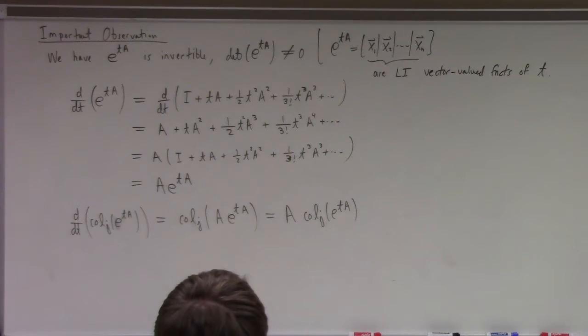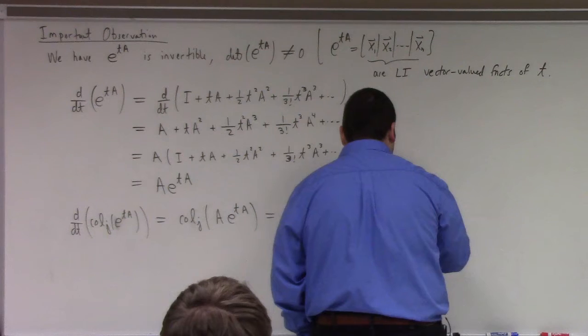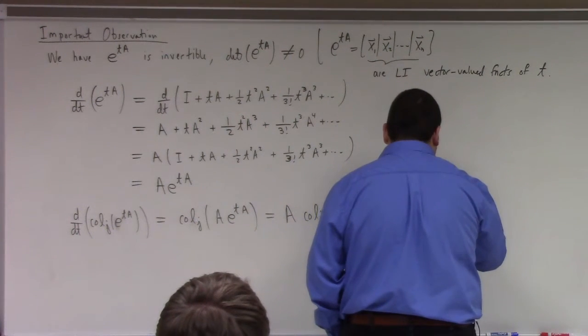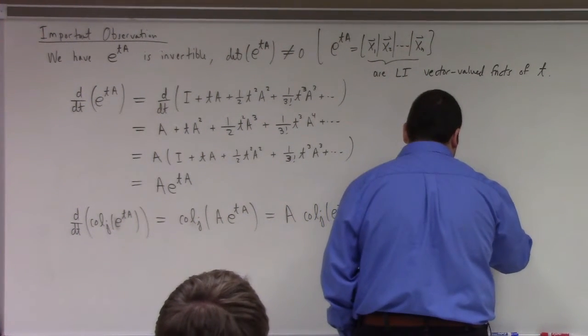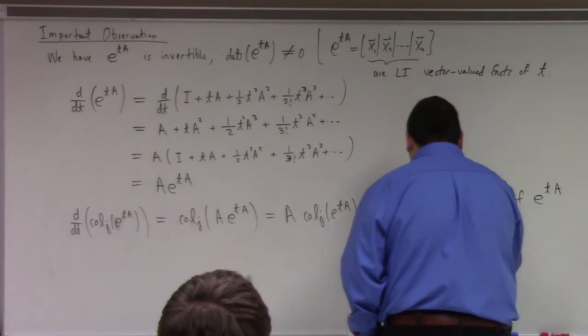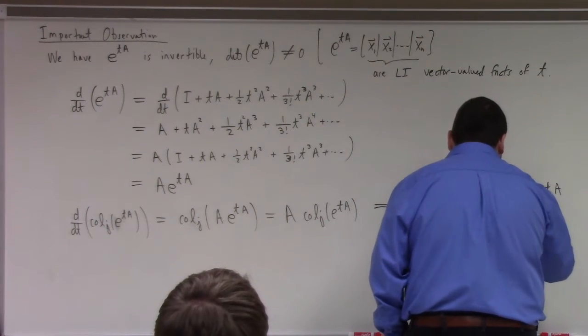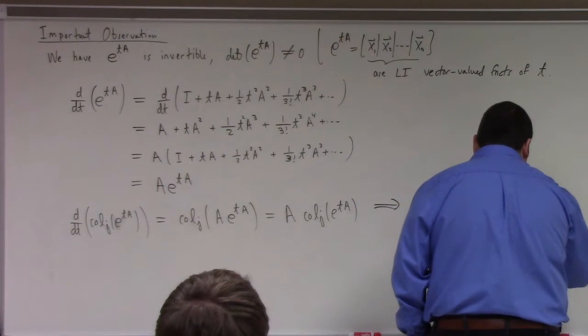This is called the concatenation proposition. So my point to you is this matrix equation: the jth column of e to the ta is a solution to dx dt equals ax.